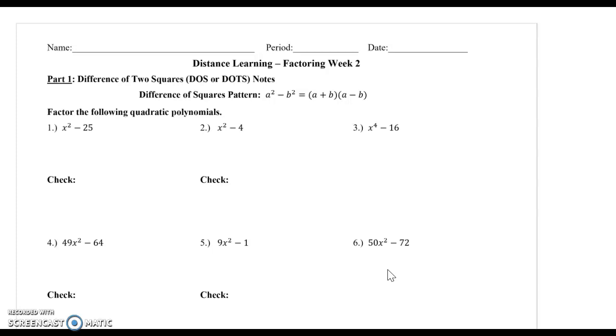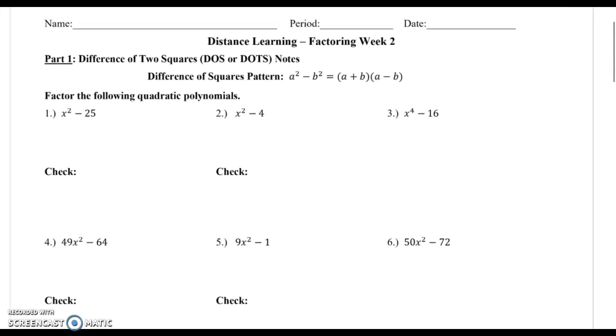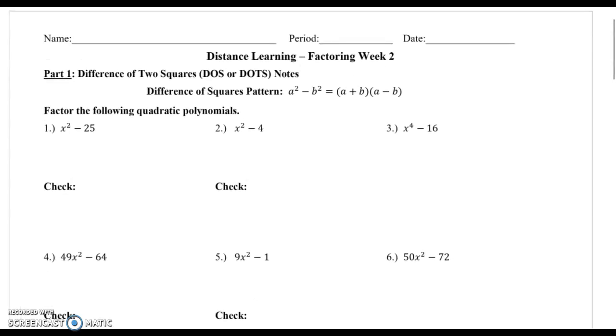The next type of factoring that we're looking at would be difference of two squares. Sometimes you'll hear that as DOS or dots. So difference of two squares or difference of squares. Basically, a difference means you're going to have a subtraction problem, so it has to be subtraction.